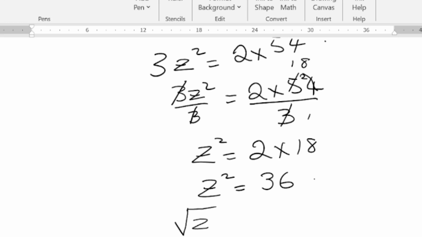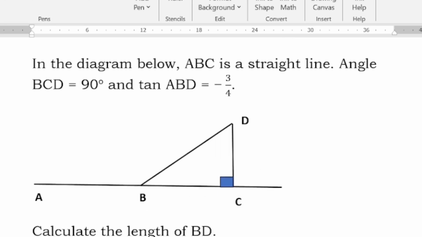So the square root of z squared is equal to plus or minus the square root of 36. So z is equal to plus or minus 6, which means our answer therefore is z is equal to negative 6 and z is equal to 6. These are the two final answers.